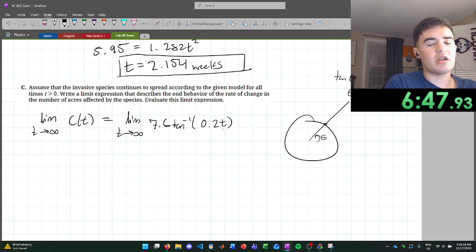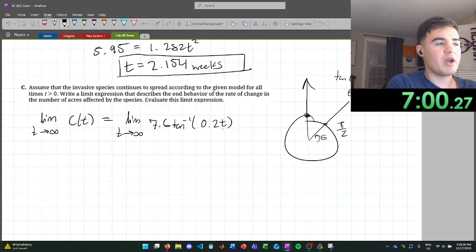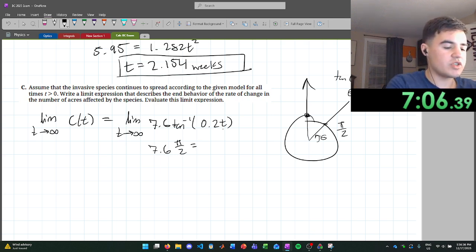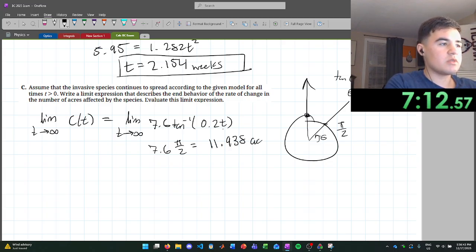So theta, we're getting the angle theta from some tan inverse of our slope. The only time our slope is infinity is when the side is perfectly vertical, and that happens when theta is pi over 2. So this should be 7.6 times pi over 2, which is equal to 11.938 acres.